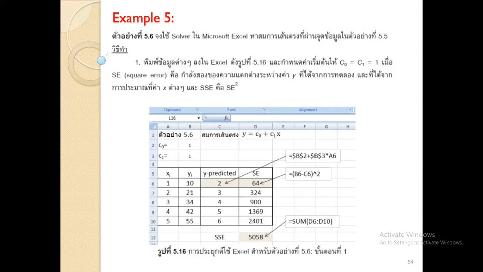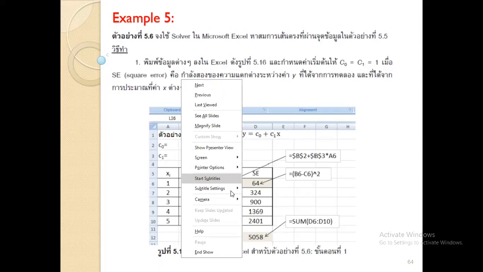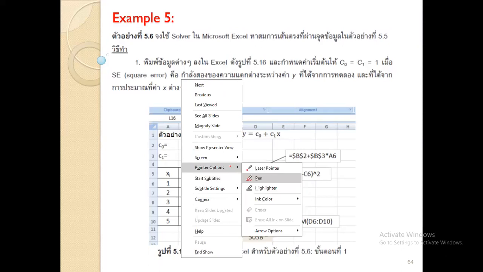So for linear, we have X data like this. This is X, this is Y. This is the linear equation Y equals C0 plus C1 X. What is Y predict?